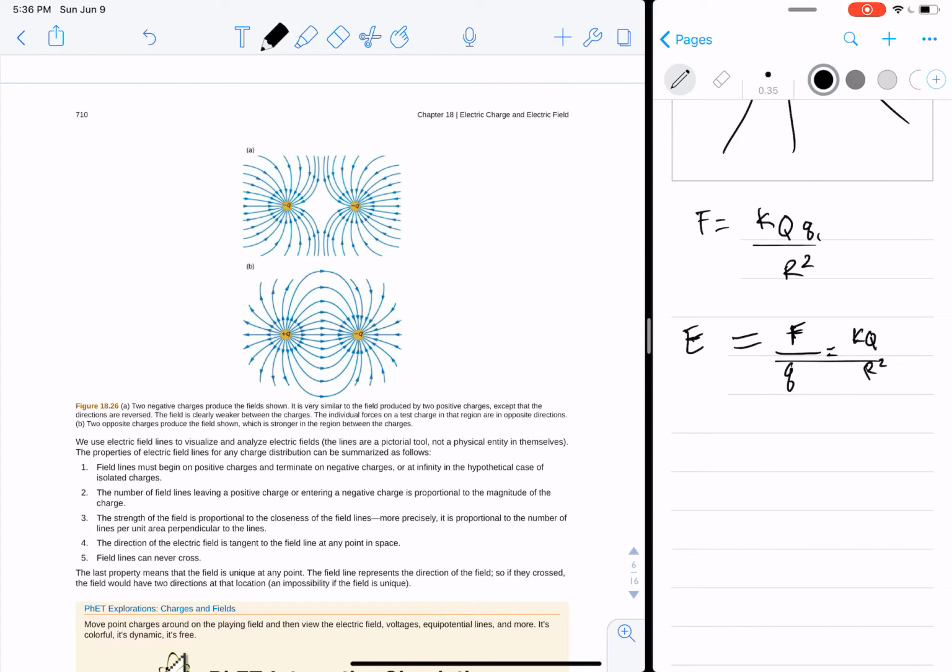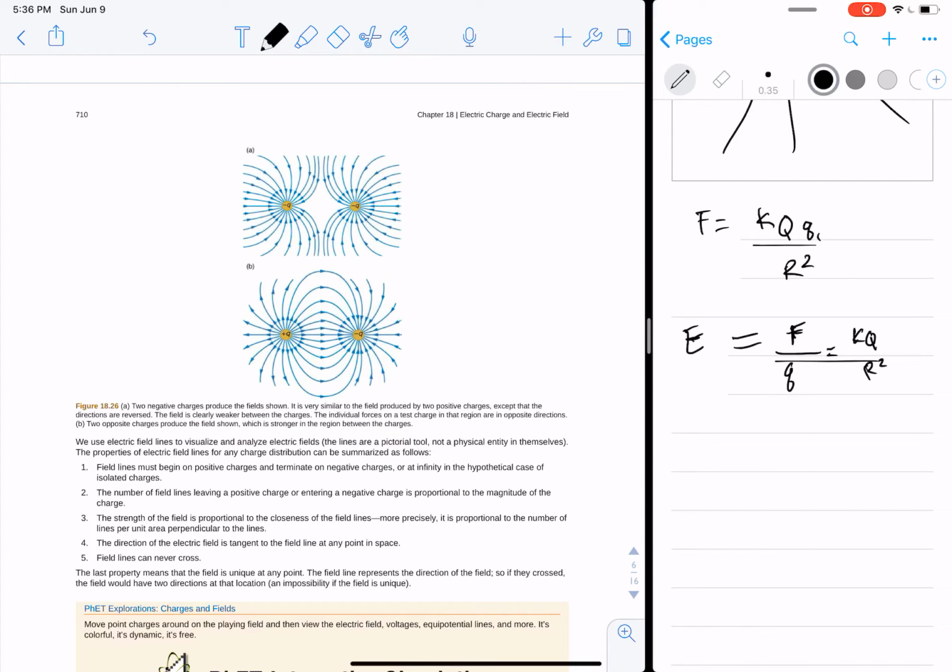So if we drew the same charge but weaker, then I would draw the density of the arrows coming off of it as fewer, and I could say that this charge is less than the other one. The strength of the field is proportional to the closeness of the field lines. More precisely, it is proportional to the number of lines per unit area.